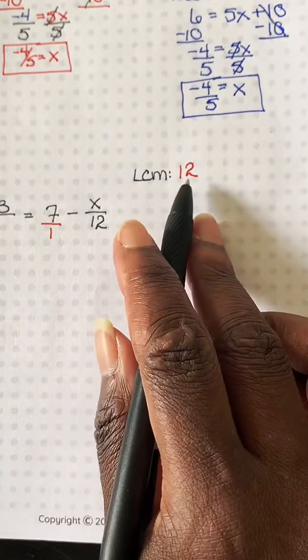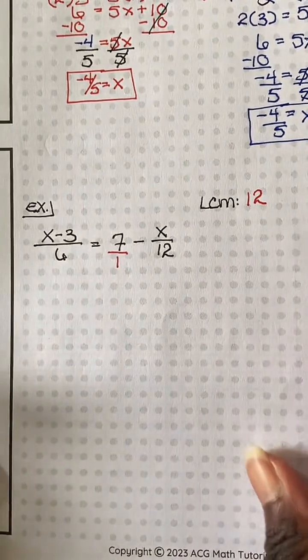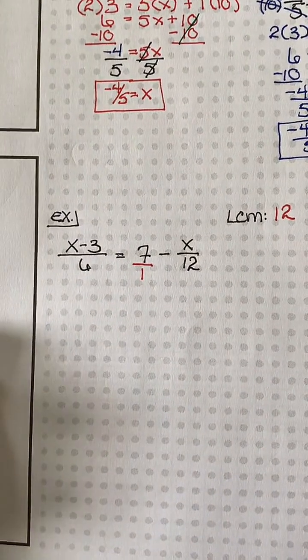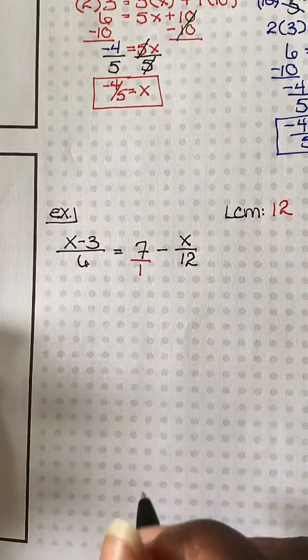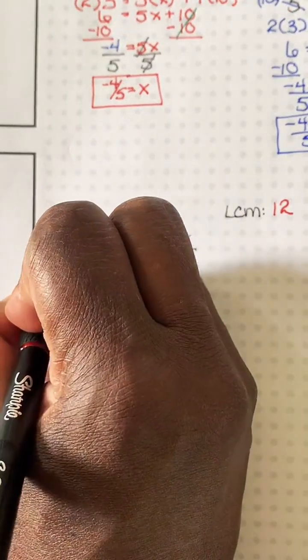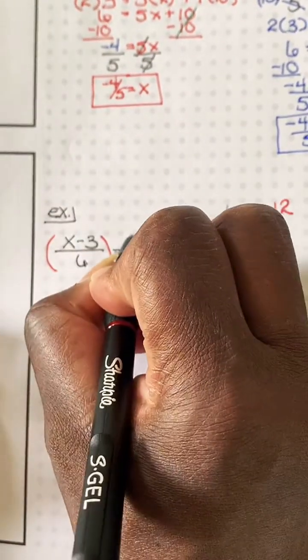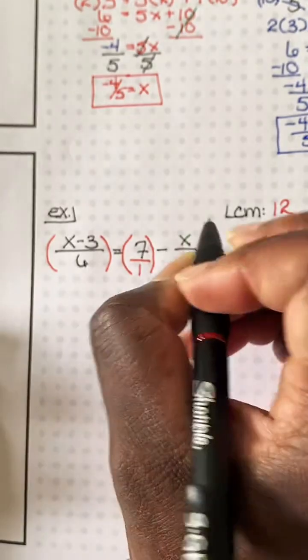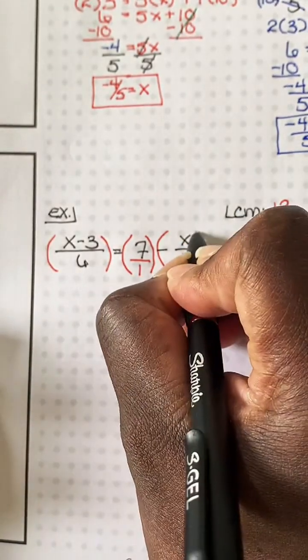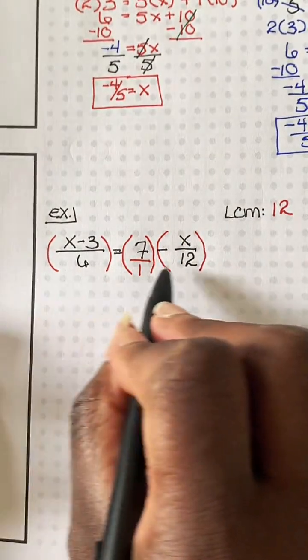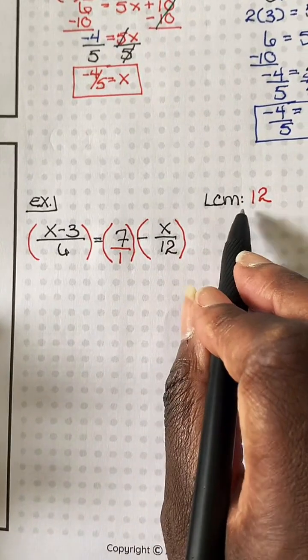All right, so now that we know 12s, I think it will work best if I just do the multiplication. If we multiply everything, I want to do it individually because sometimes it makes more sense individually. I want to multiply everything by my LCM.